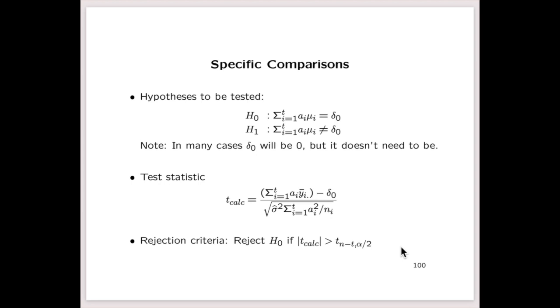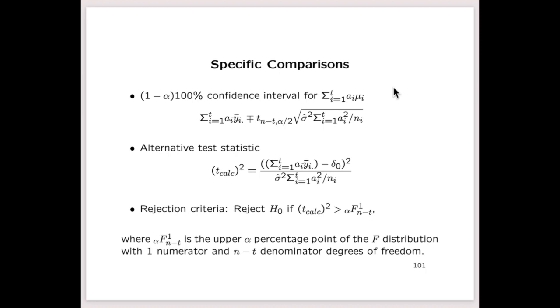The rejection criterion is to reject the null hypothesis if the absolute value of t-calc is greater than the upper alpha over 2 percentage point of the t-distribution with n minus t degrees of freedom. This is a two-tailed test, a two-sided test, and so that is why we've got this. This rejection criterion here is just another way of writing a two-tailed rejection region.